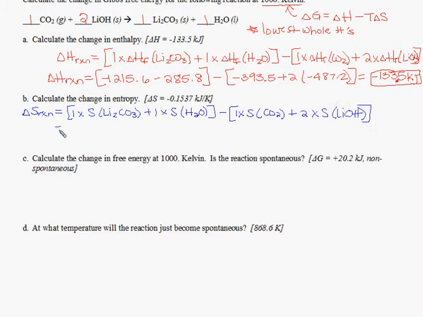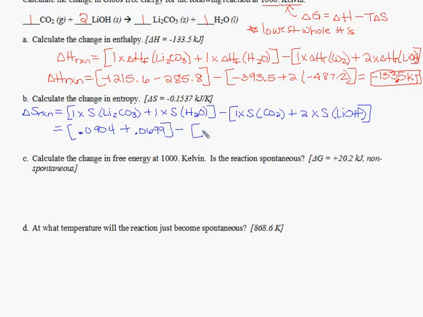All right, so we're pulling from the second column now of values. And so again, we're going to look up the lithium carbonate with a 0.0904. We're going to get the water as a liquid with a 0.0699.